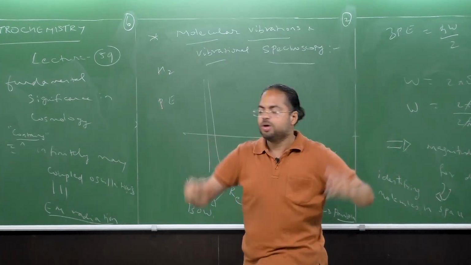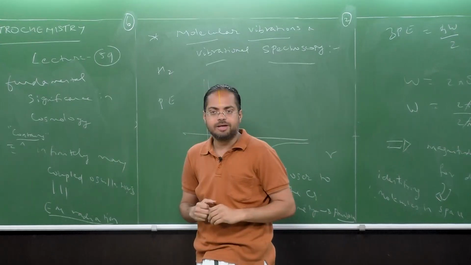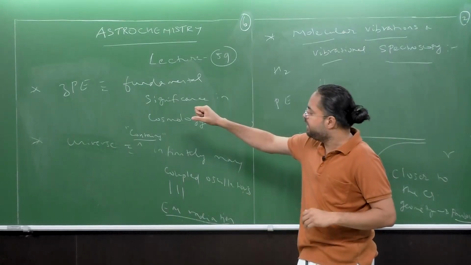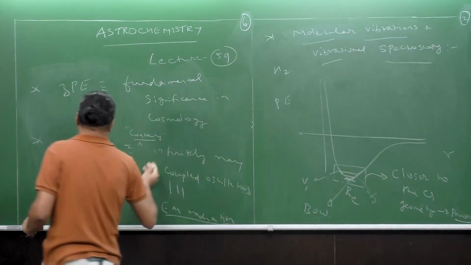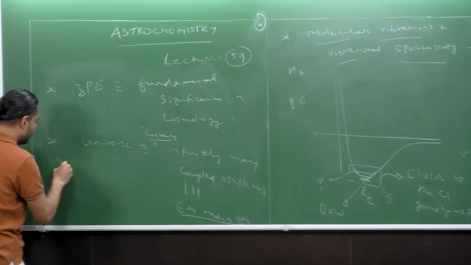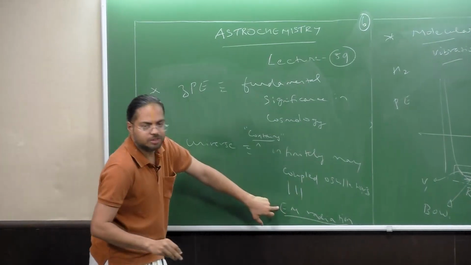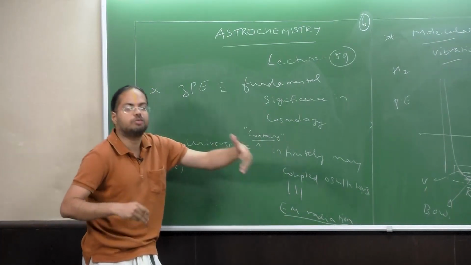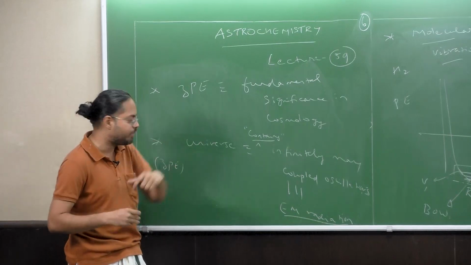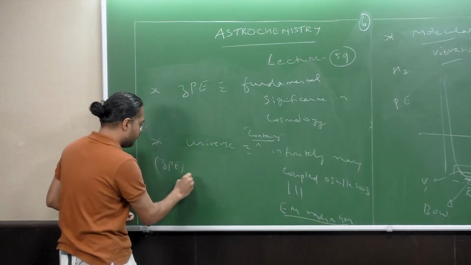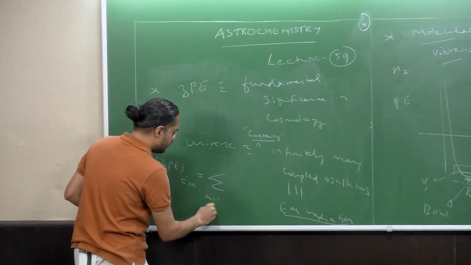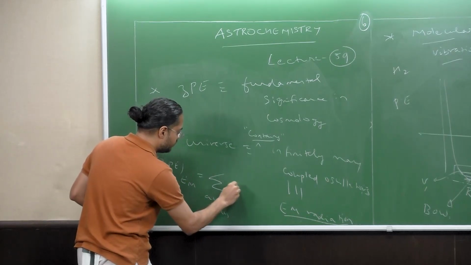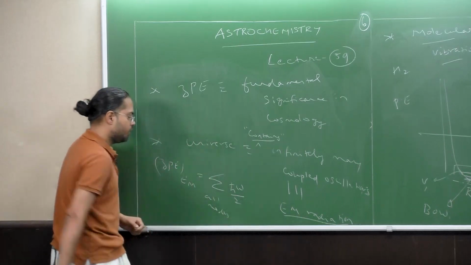You have infinitely many such oscillators, and so the ZP for such a system could be written as the sum over all modes of h bar omega by 2.